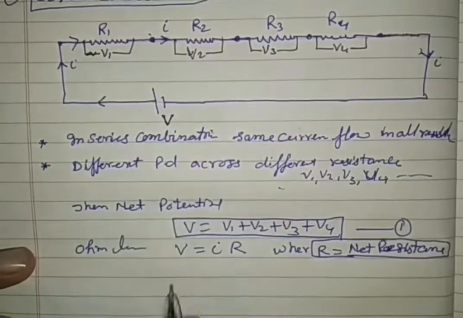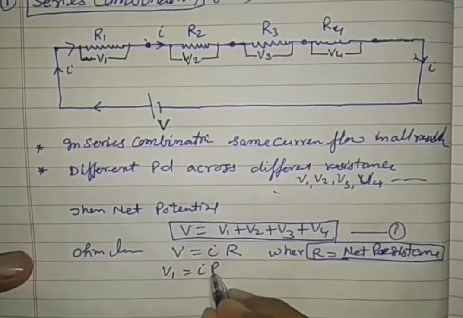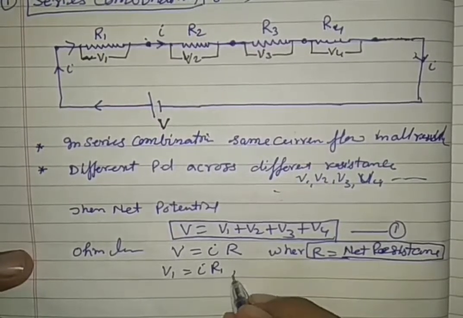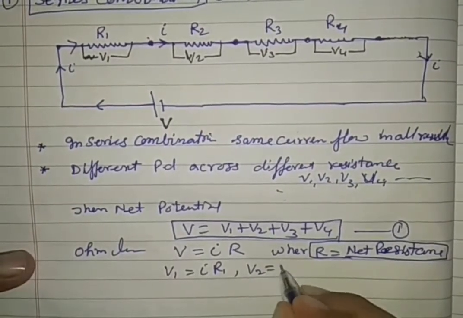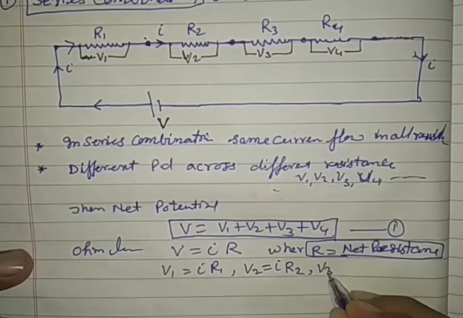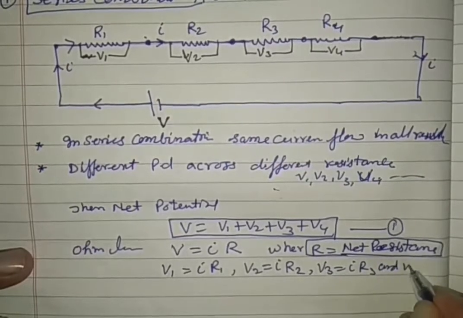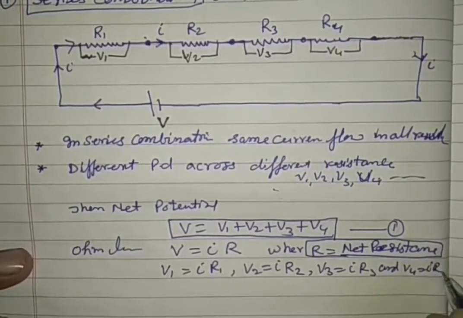But see here in this diagram, V1 is equal to IR1, V2 is equal to IR2, V3 is equal to IR3, and V4 is equal to IR4.